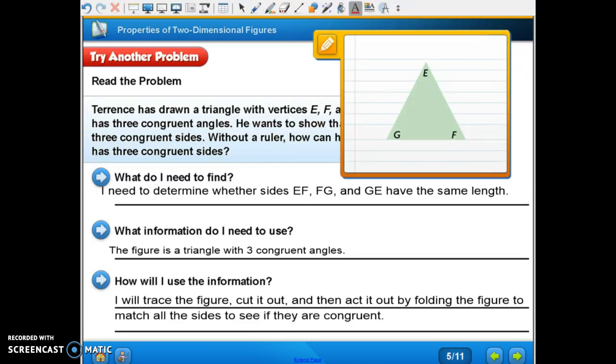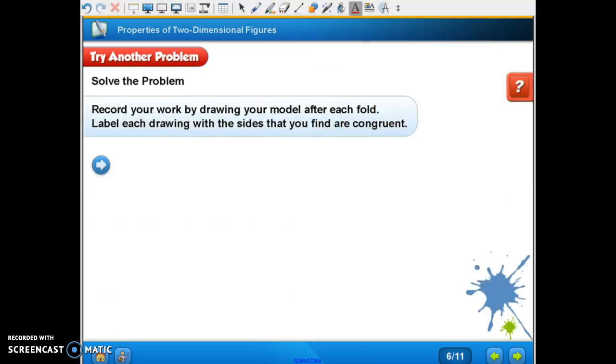I will trace the figure, cut it out, and then act it out by folding the figure to match all the sides to see if they are congruent. Okay.